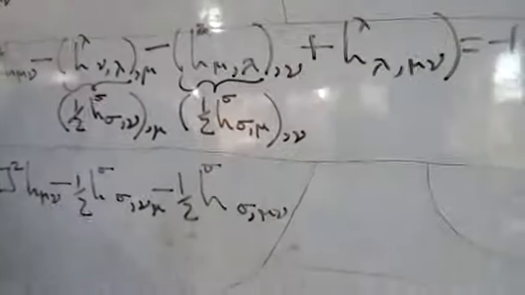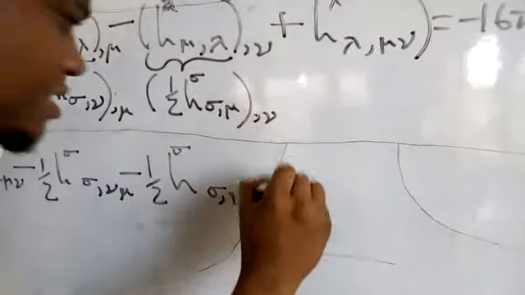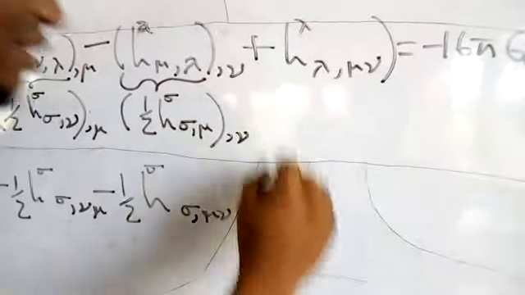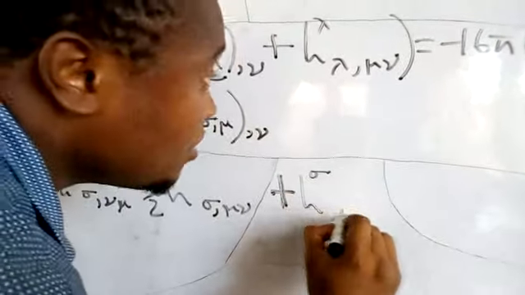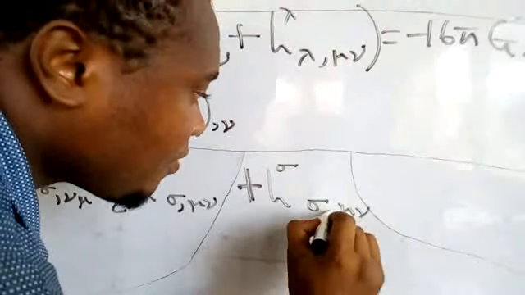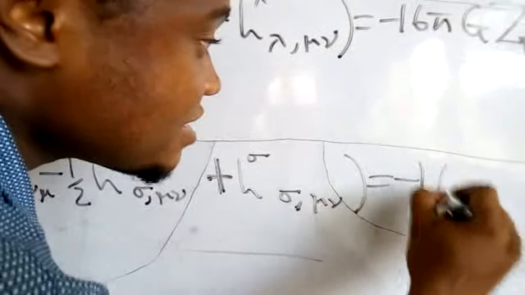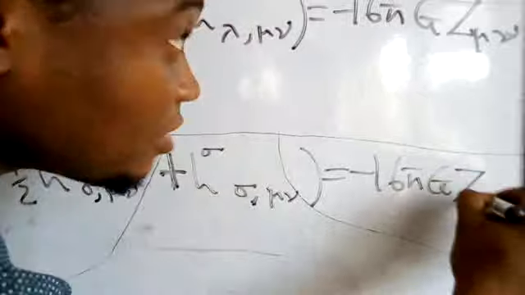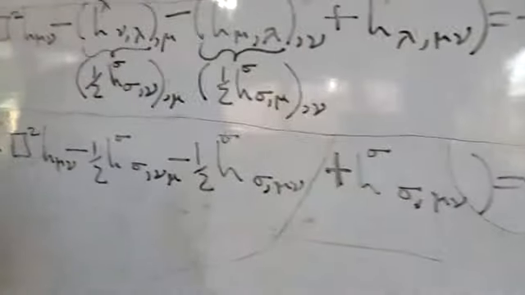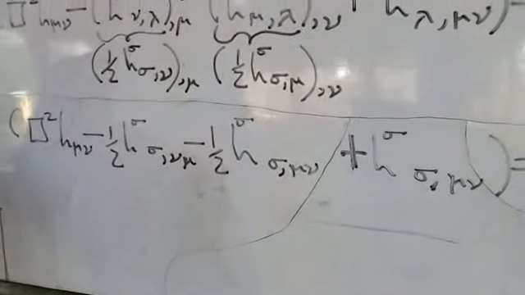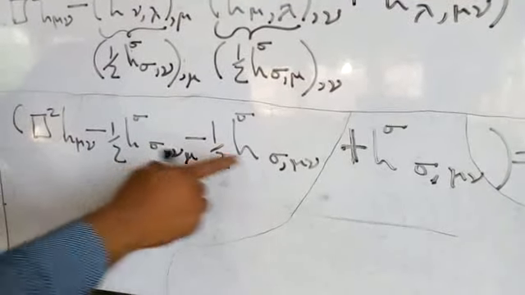So here, this is going to be plus. I can change these lambdas to sigma, comma μν. This will be minus 16πG z_{μν}. Now looking at this expression, this is minus half this, minus half that.